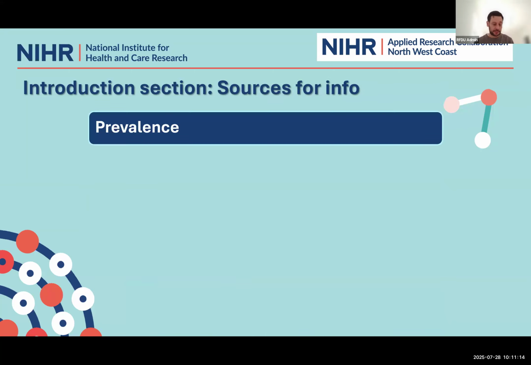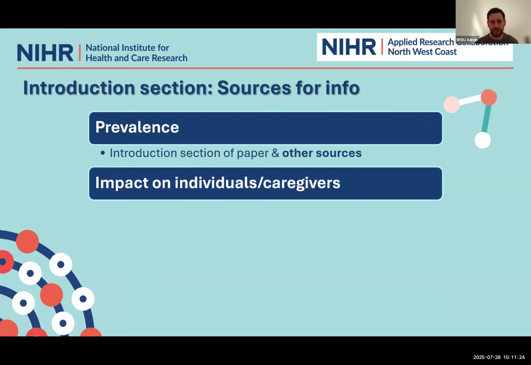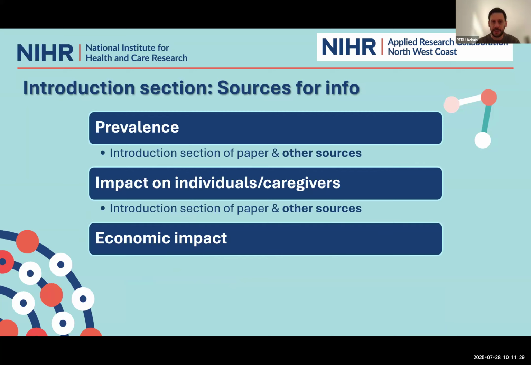In terms of the sources, as I was mentioning before, we can find some information regarding all these elements from the paper, but we also need to explore other sources. So in terms of the prevalence, the impact on individuals and caregivers, economic impact, we can find information from the paper, as I was saying, but there are other sources which we need to use as well, and we need to explore.